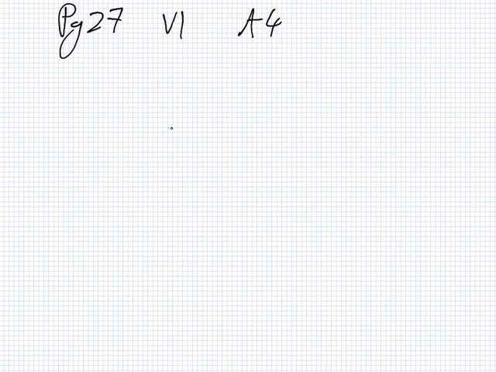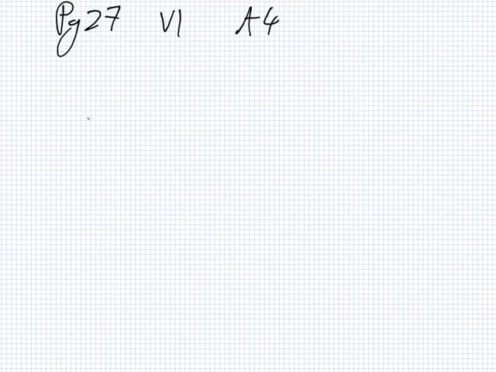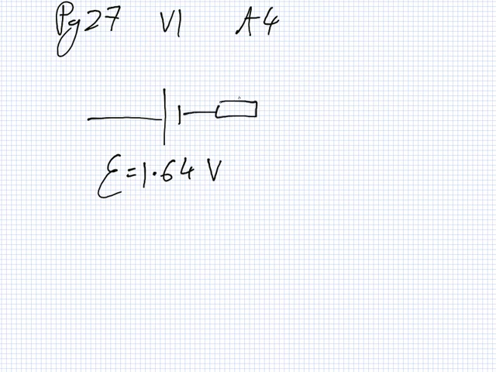Alright, read it to me, Calvin. A cell provides an EMF of 1.64 volts. When it is connected across a 5 ohm resistor, the current is 0.32 amps. I assume this cell has internal resistance. Is that what we're looking for?